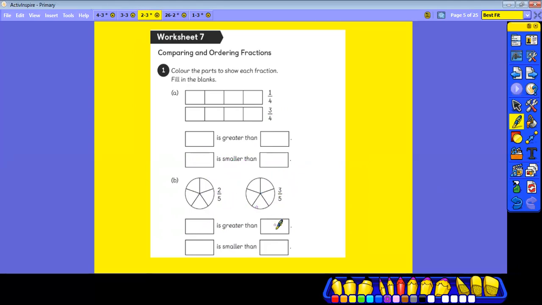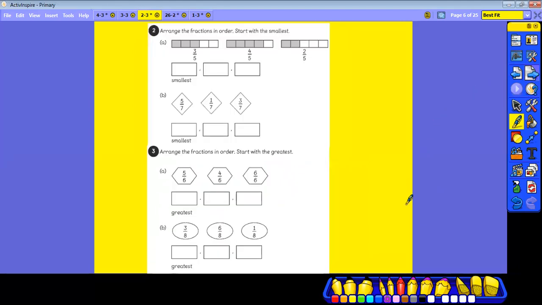So which one is greater than the other and which one is smaller than or less than the other? And then finally, questions 2 and 3. Arrange the fractions in order, starting with the smallest. Between 3/5, 4/5 and 2/5, which is the smallest? The shaded amount helps you. The pictures really do help.